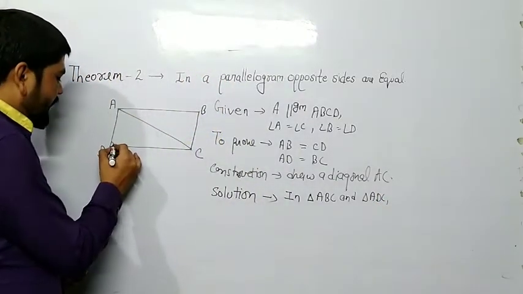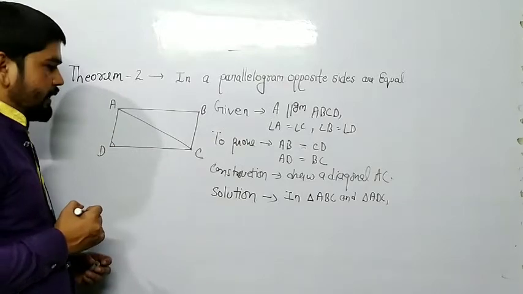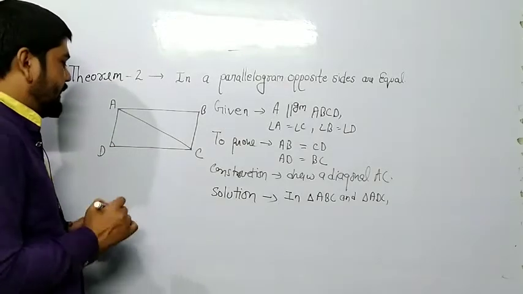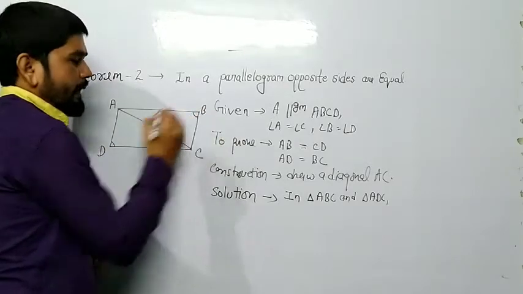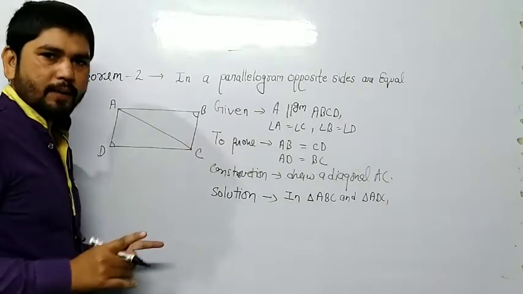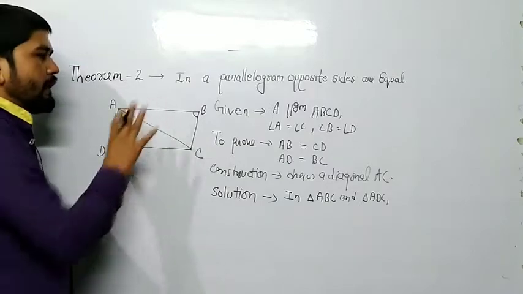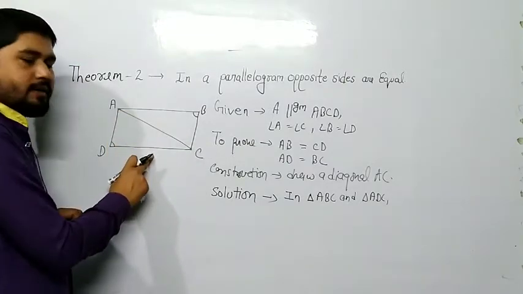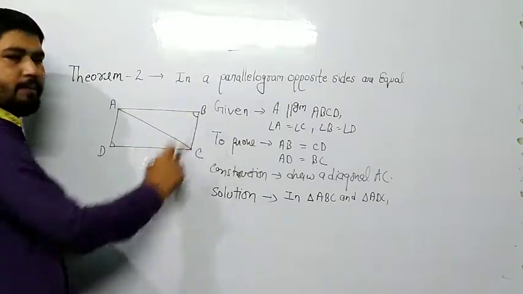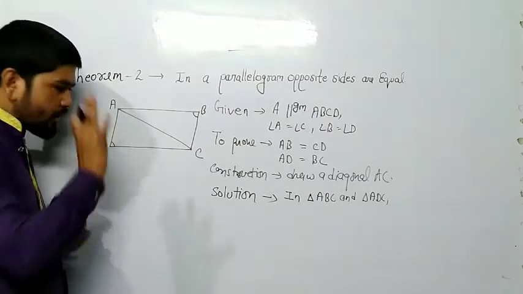Here angle D is equal to angle B. Any problem? No, because these are opposite angles. And we also know it is a parallelogram, so AB parallel to CD and AD parallel to BC. Yes.